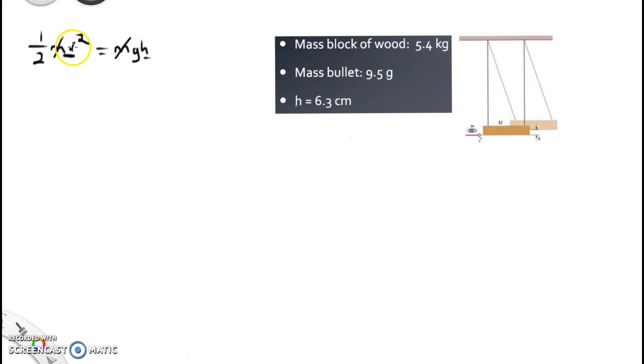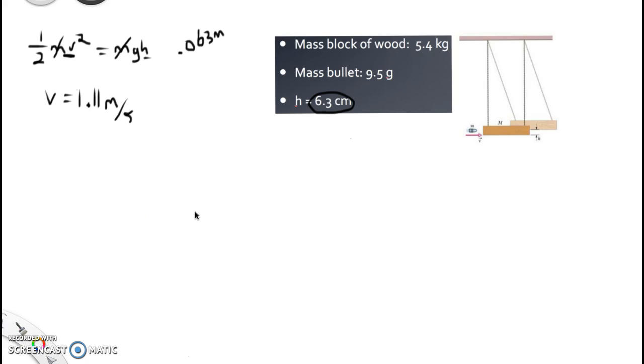In this case, they have the same mass before and after they lift up. We know that the height that they lift is 6.3 centimeters, or 0.063 meters. So go ahead and find how fast the block and bullet are traveling together after the collision happens.